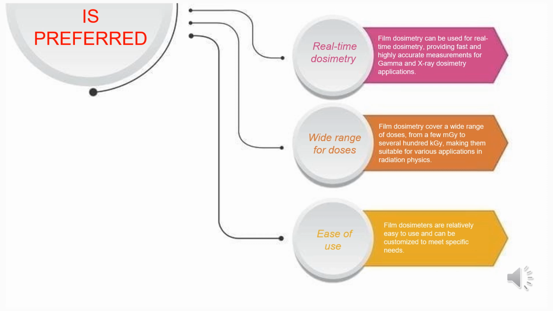Film dosimeters cover a wide range of doses from a few milligray to several hundred kilogray, making them suitable for various applications in radiation physics. Ease of use. Film dosimeters are relatively easy to use and can be customized to meet specific needs.